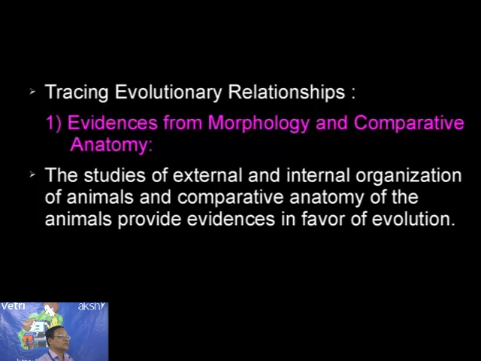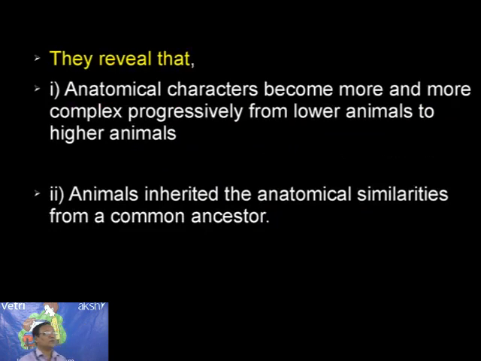So the studies of external and internal organization and comparative anatomy of different animals provide evidences in favor of organic evolution. We are comparing the anatomy and the morphology, how far they relate to each other, exhibiting the common ancestry. While studying comparative anatomy and morphology, what do they reveal?